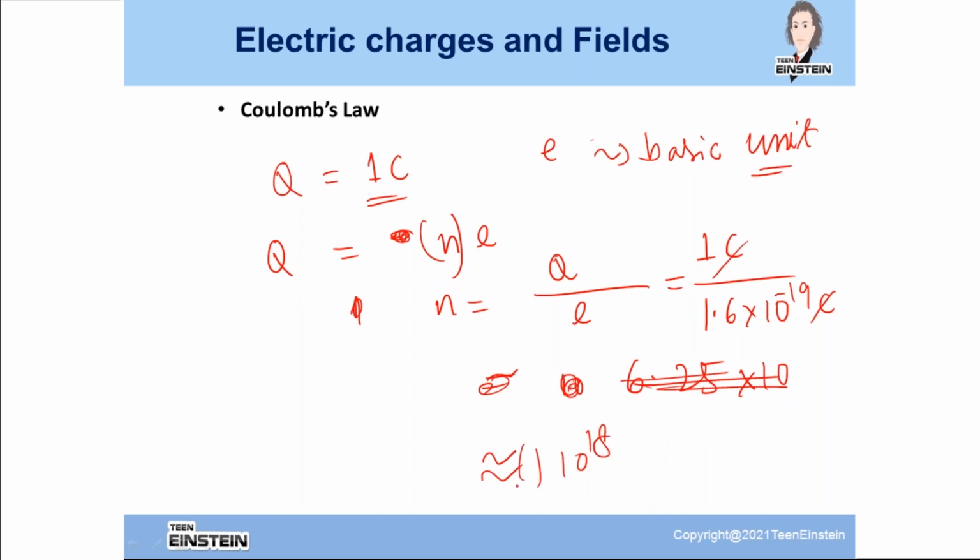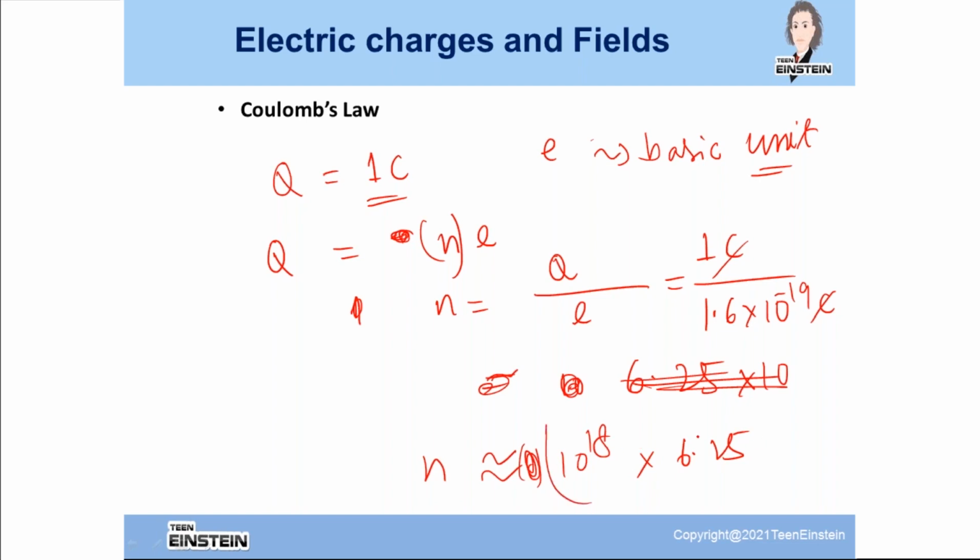So I can just write it, just a minute. It will be 6.25 into 10 to the power 18. So this will be of the order of 10 to the power 18. You can see this many electrons will be there. How many electrons? 6.25 into 10 to the power 18.